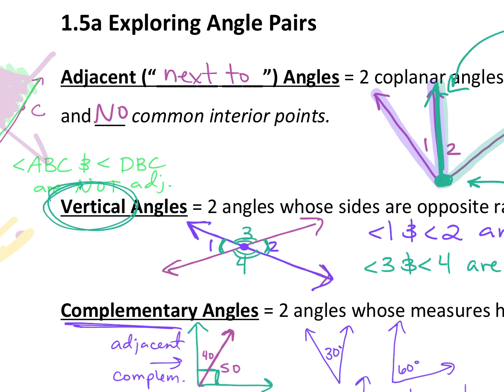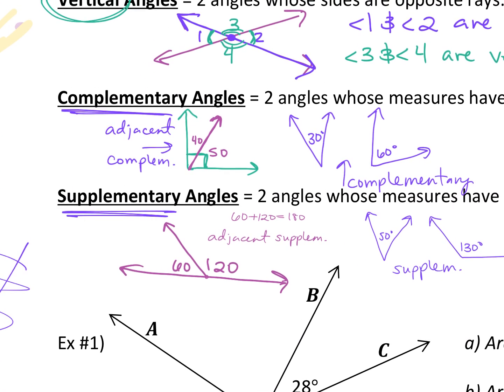Two angles that are across from each other. They'll have opposite rays, but they'll be across, not next to, right? Somebody tell me what complementary angles are. They add to 90. How many angles? Two angles that add up to 90. And supplementary? Two angles that add up to 180. Good on those? Okay.